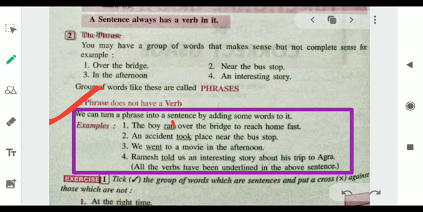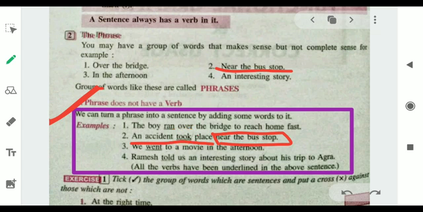Now let's move to the second point, that is near the bus stop. Now let's locate this phrase in the second sentence. An accident took place near the bus stop. So where's the phrase? Over here. This is the group of word added to this phrase. An accident took place. Now what is the verb? Took is the verb of this sentence.